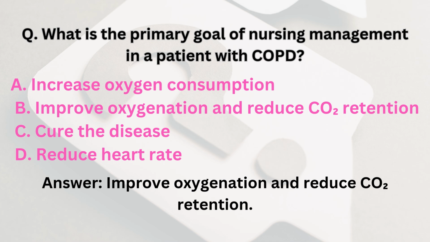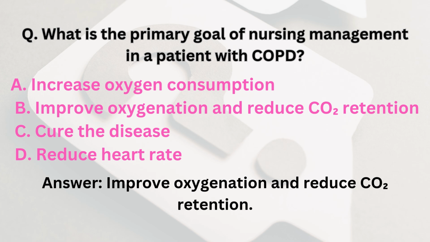Hence, the nursing officer should focus on improving oxygenation by providing supplemental oxygen to increase oxygen levels in the blood. Reducing carbon dioxide retention helps the patient to exhale effectively through techniques like deep breathing exercises and airway clearance methods. Hence, the correct answer is improve oxygenation and reduce carbon dioxide retention.